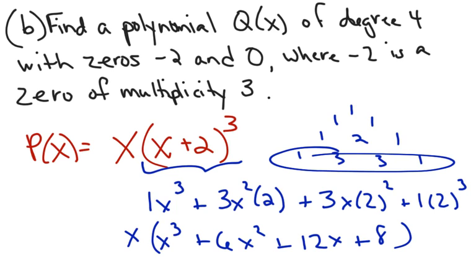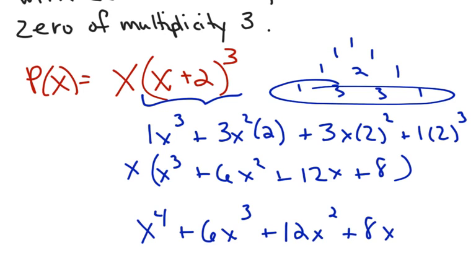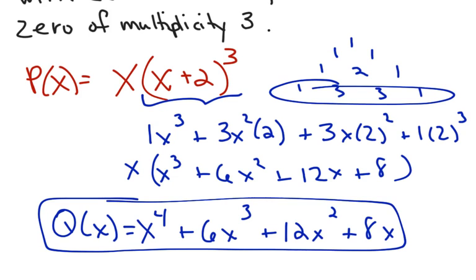Remember, there's another x in front. And all I have to do is multiply everything by that extra x. And this would be the polynomial. I should call it q of x because that's what they called it in the original problem, whose zeros are at -2 and 0, where -2 has a multiplicity of 3.